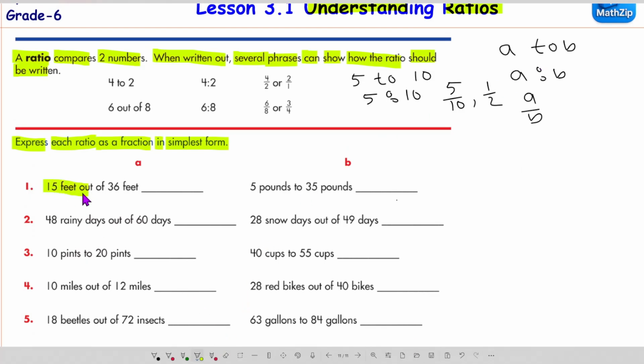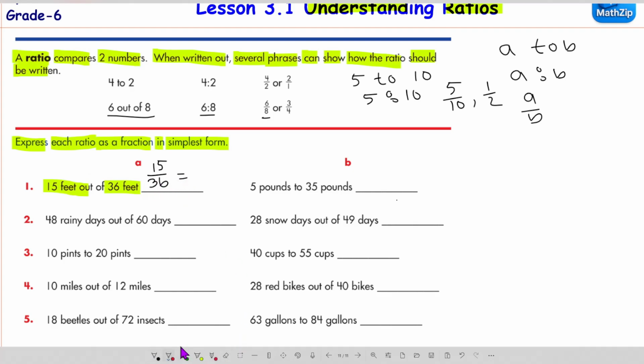Number 1, 15 feet out of 36. Look, 6 out of 8, we can write 6 is to 8, or 6 by 8. So 15 out of 36 feet, we can write as 15 by 36.